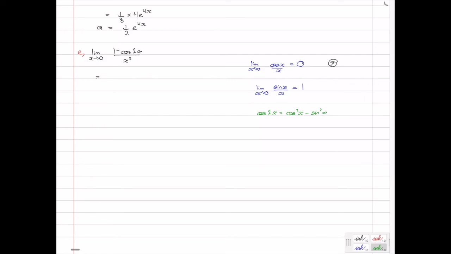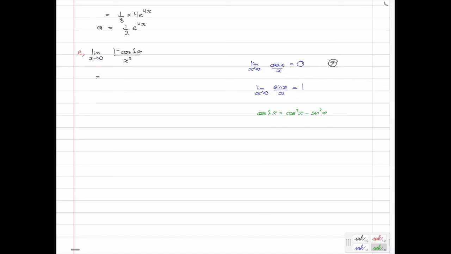You can see that this is getting better, because now I've got trig functions where the argument is just x and it's being squared, which is starting to match what we have in the denominator. But it's still not going to be useful because we still have this 1 lurking in the top.